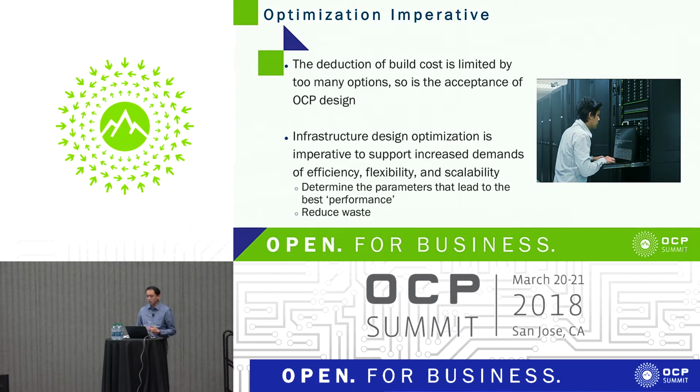That's the engineer's idea. So we are trying to propose something which can provide an optimized infrastructure design, with better efficiency, flexibility, and scalability, as the original OCP standard intended, and also reduce waste.